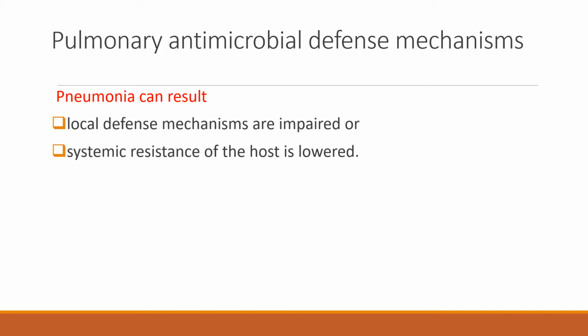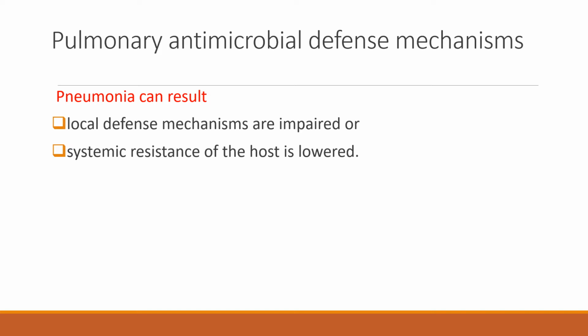So larger particles are trapped in the mucociliary blanket that lines the nose and upper respiratory tract. These microorganisms trapped in the mucous layer are transported by ciliary action to the back of the throat, where they are swallowed and cleared.